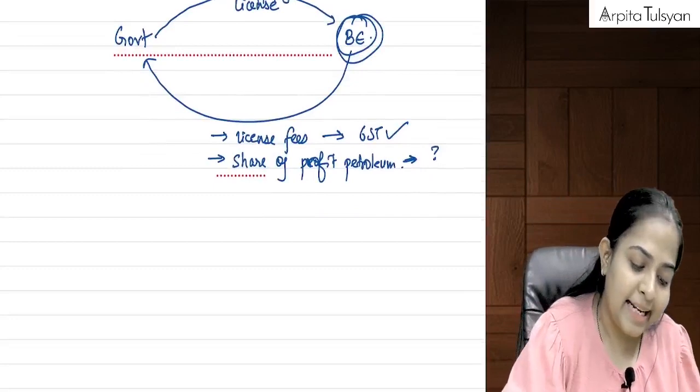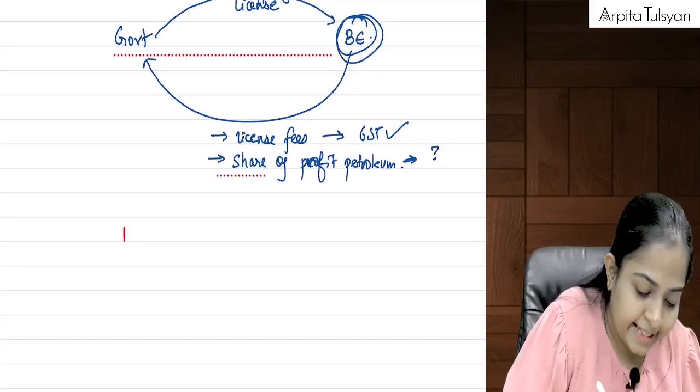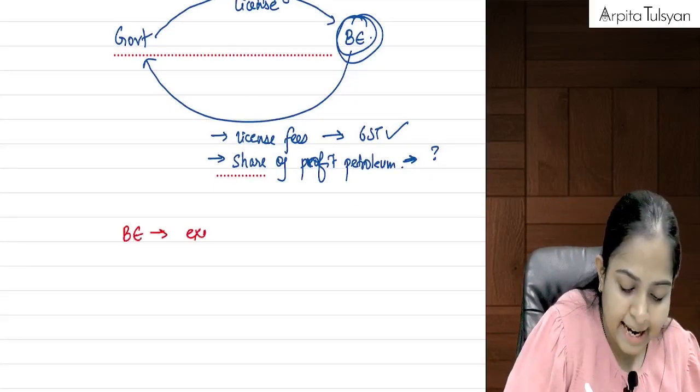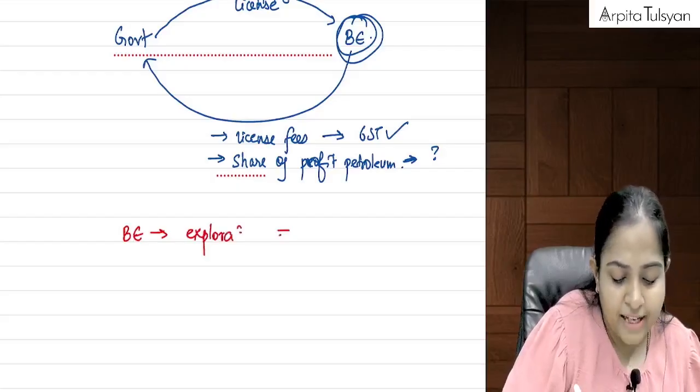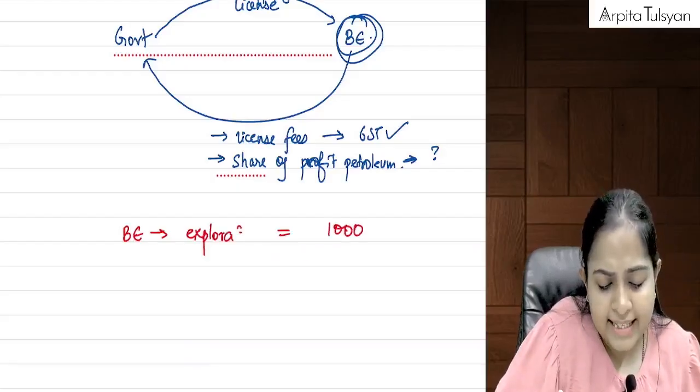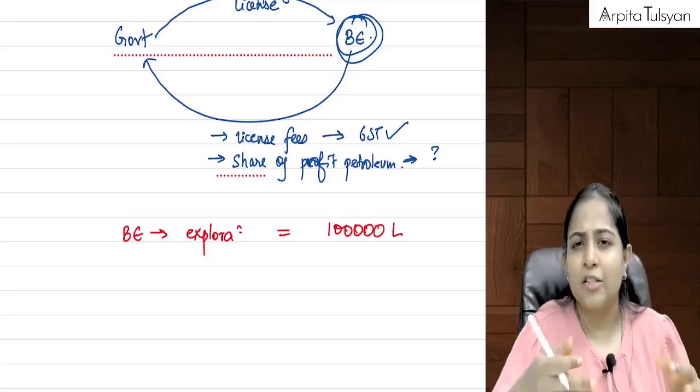Now I'll tell you in detail how this works. Let's say the business entity does the exploration and comes to know that it could get 1 lakh liters of oil.